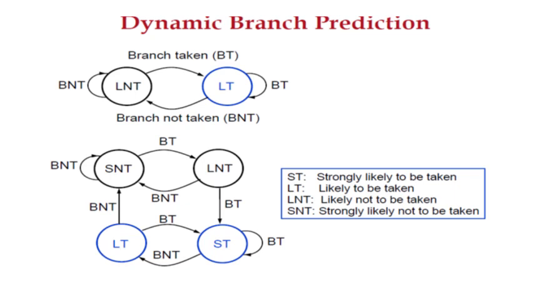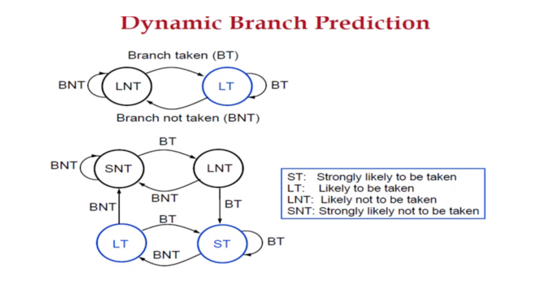In its simplest form, the execution history used in predicting the outcome of a given branch instruction is the result of the most recent execution of the instruction. The processor assumes that the next time the instruction is executed, the result is likely to be the same.